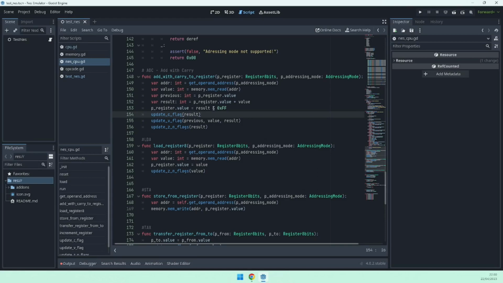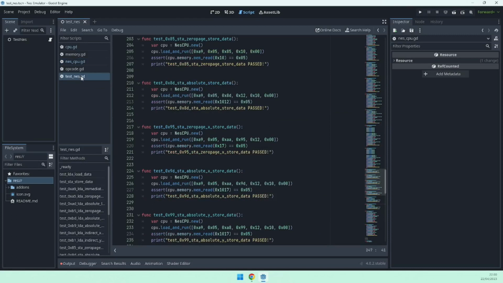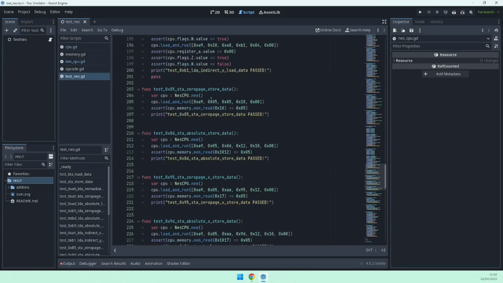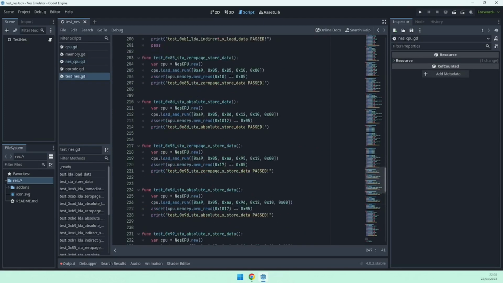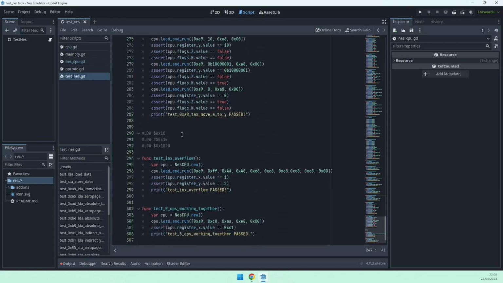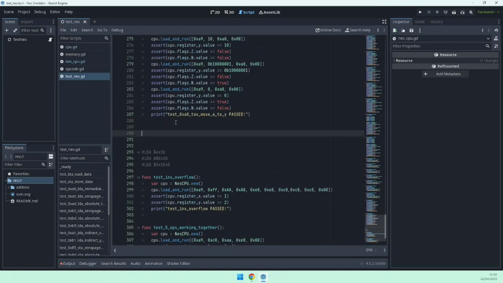I should make tests for this now, and this is the part that I don't like, because I have to make up my mind on how this works. How is this? Name it ADC. So, let's make a new function.